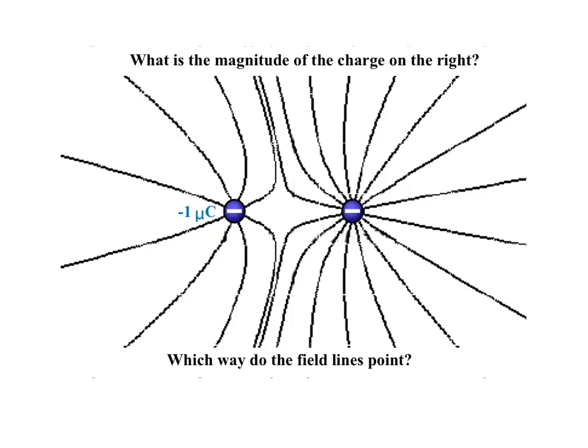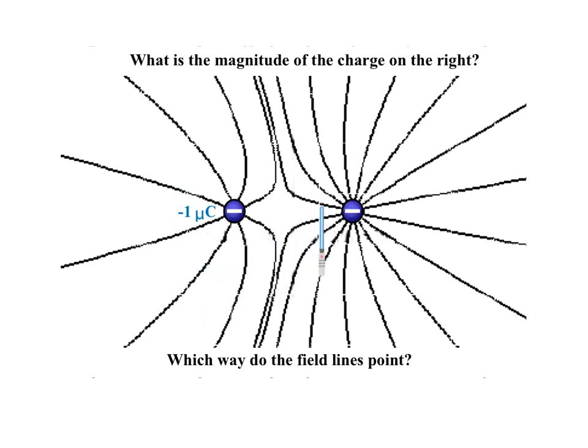So just to put some numbers to this, I put together a little sample problem where we have a -1 microcoulomb charge here on the left, and our job is to figure out what's the magnitude of the charge on the right. To do this, all I have to do is count. If I start on this side, I count 1, 2, 3, 4, 5, 6, 7, 8 field lines.